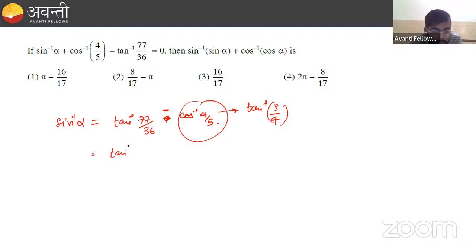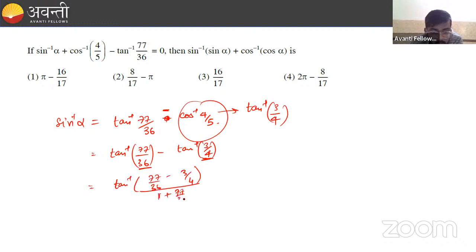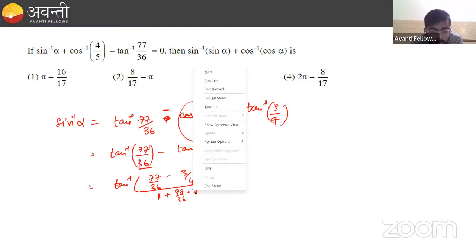We will get tan inverse of 77 by 36 minus tan inverse of 3 by 4. In this we can use the formula tan inverse of a minus tan inverse of b, which is tan inverse of a minus b upon 1 plus a into b.